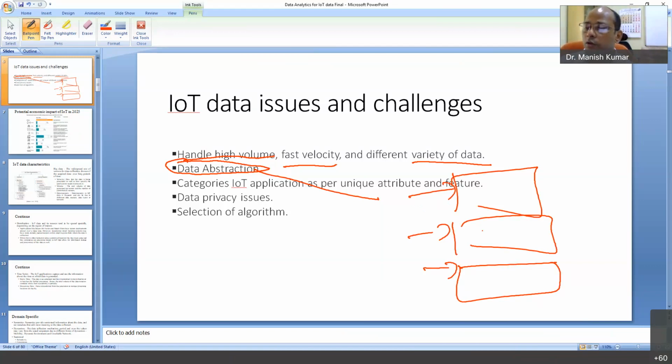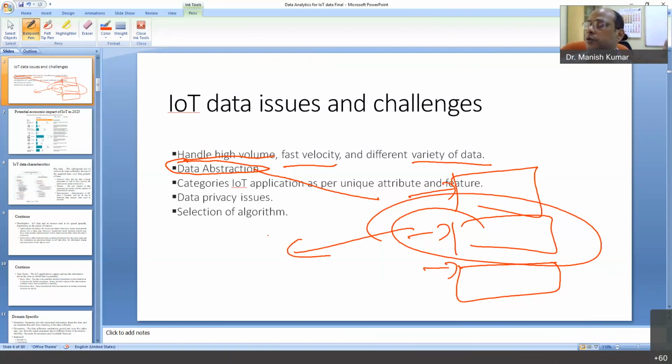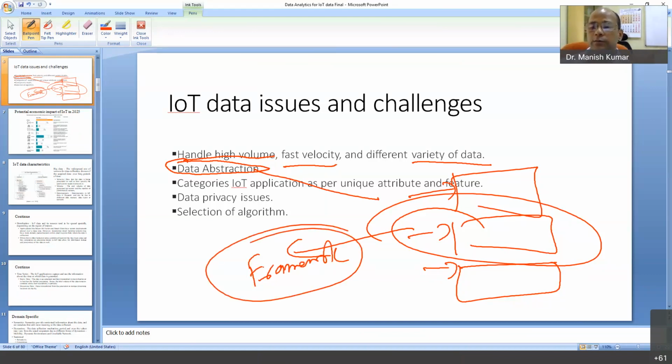Whatever analysis is going on, we provide a lot of abstraction to the user at this level as well. When we talk about parallel and distributed processing of the data, we are providing high abstraction to the users, because whatever framework we are using is itself providing a lot of abstractions. Okay? So that is there.